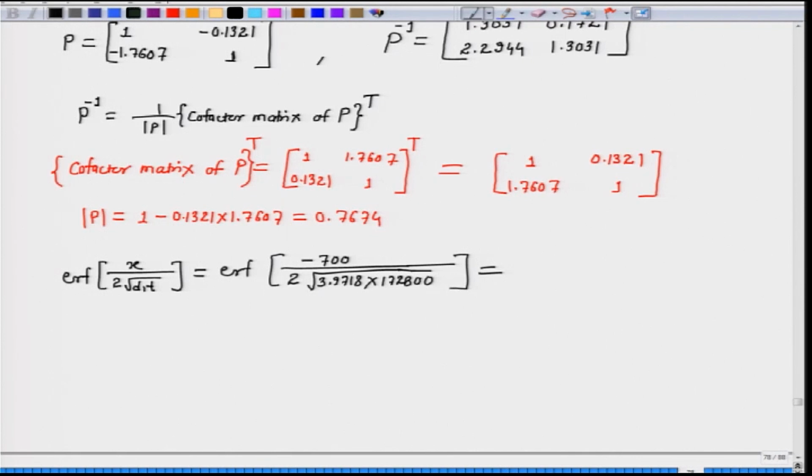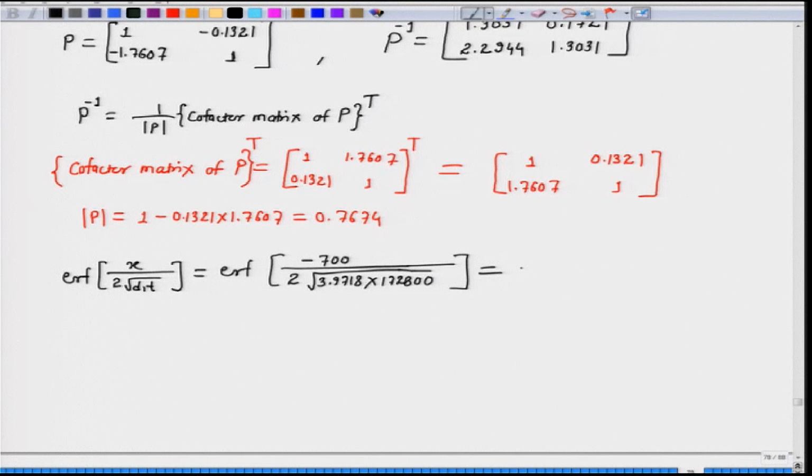Most error function tables will give you error function z for only positive values of z, but we know error function minus z is equal to minus error function z. So, it is easy to refer to those tables and get the values of error functions of negative values. So, this comes out to be minus 0.44278.